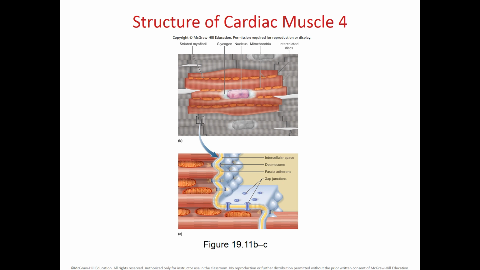Excitation happens first at the sinus node or SA node, and then from there it will go into the AV node or atrioventricular node, and then from there the excitation will go into the AV bundle, and then into the bundle branches right and left, and then lastly the excitation will reach the Purkinje fibers, P-U-R-K-I-N-J-E fibers.